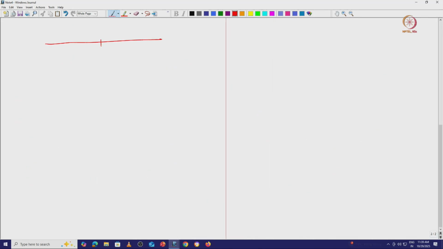Okay, so let us consider the following. So we have our a_k here, we have a_{k-1} here, and let us say a_{k+1} somewhere here. Now by the definition of smoothness we are fixing an s.